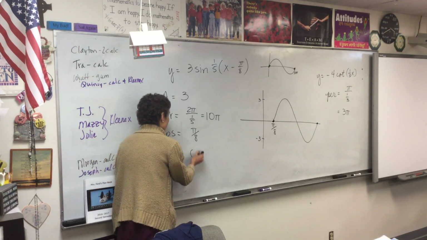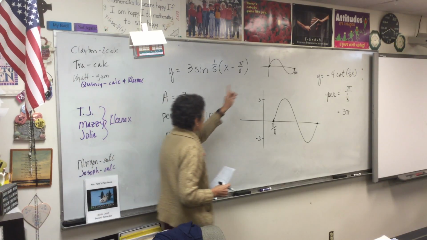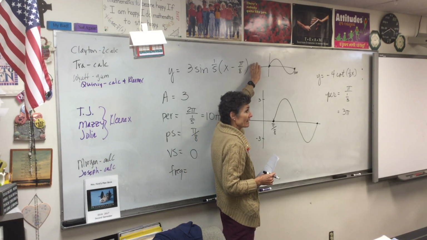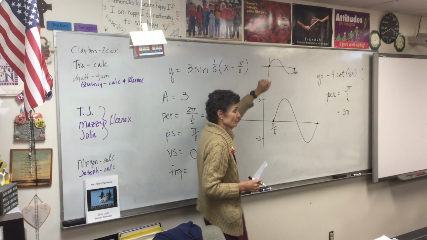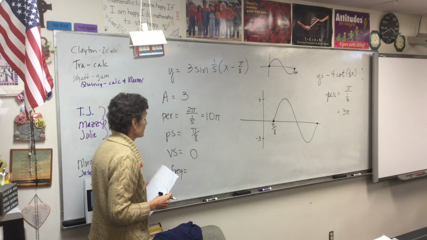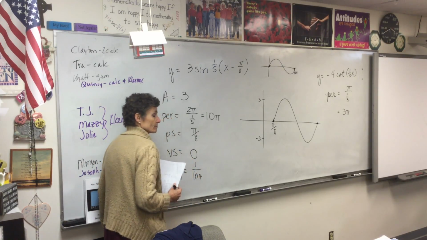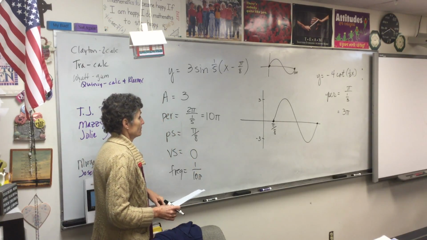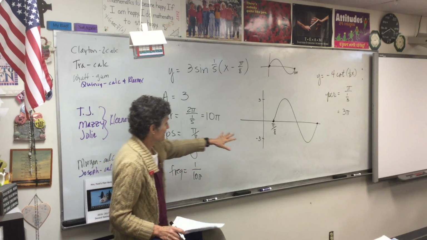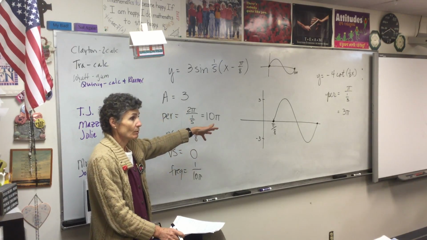Vertical shift is 0 because there is nothing added or subtracted here. And our frequency is 1 over 10 pi. All right. So I've got the beginning of the graph there. Is everybody okay with that?